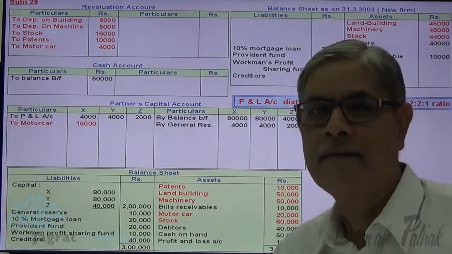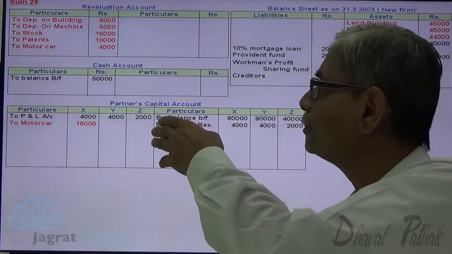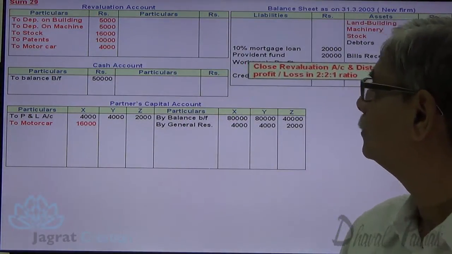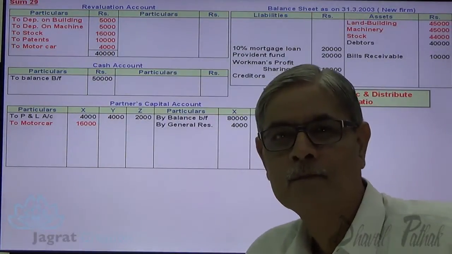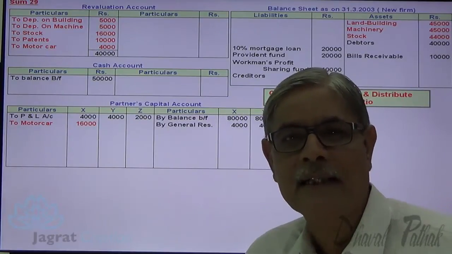Now I want to close revaluation account. There is a loss. Total is how much? 40,000. So total of debit side is 40,000. 40,000 is the loss because there is nothing on the credit side.